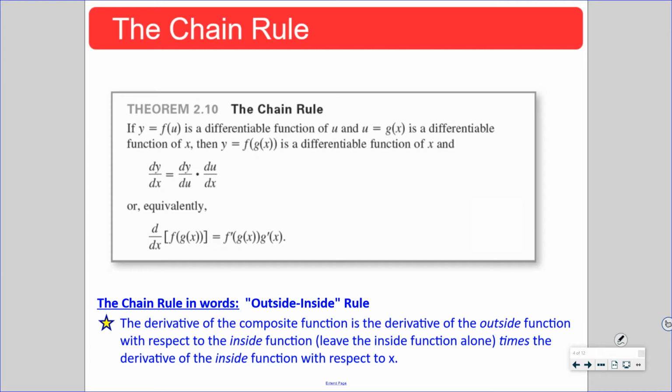And then here's the extra link. This is why it's called the chain rule. You've got to remember to multiply on the derivative of the inside function. Okay. So I kind of like this. This is an informal definition, the outside inside rule. You've got to take the derivative of the outside function with respect to the inside function, leave the inside function the same. And then here's that extra chain part, multiply by the derivative of the inside function. Where it says times, it means multiply.